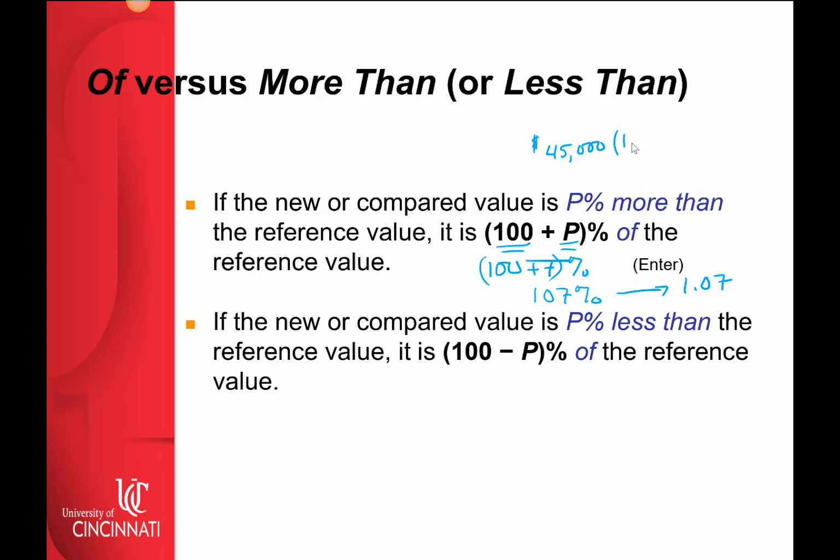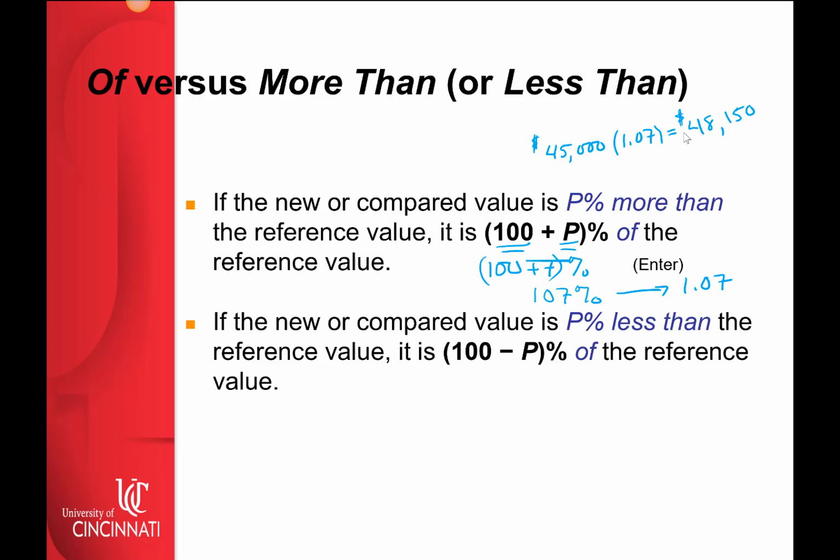So it's going to be this times 1.07. You could whip out your calculator and do 1.07 times 45,000 equals, she's making 48,150. So she's making an extra $3,150 than I am, isn't she? Does that make sense on how to do more than?